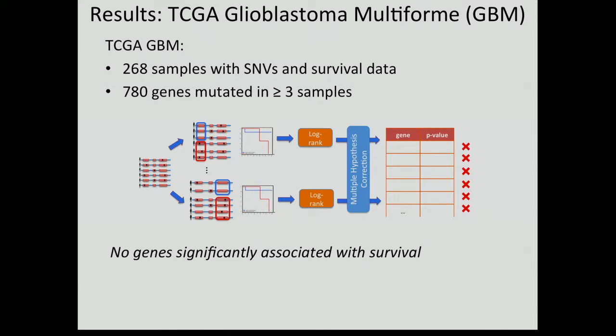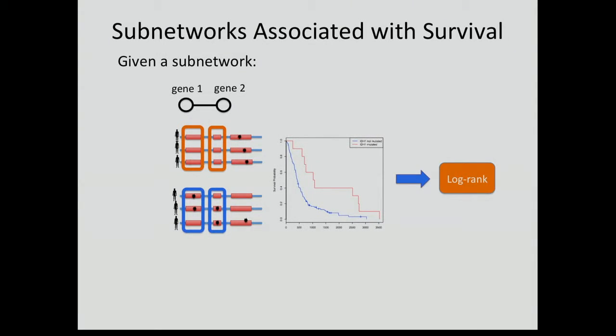So why is that? Well, it might be that there are no mutations or genes associated with survival, but one possibility is that we need to look at sets of genes and try to understand if the set of genes is associated with survival. What do I mean by this? For example, if I look at 2 genes, let's say even interacting genes on a network, I can partition the patients based on the mutation status of these 2 genes.